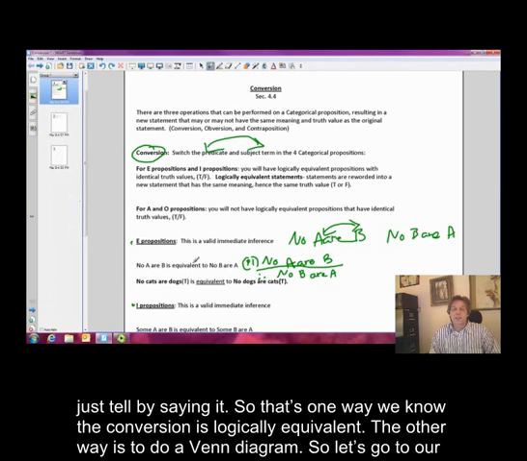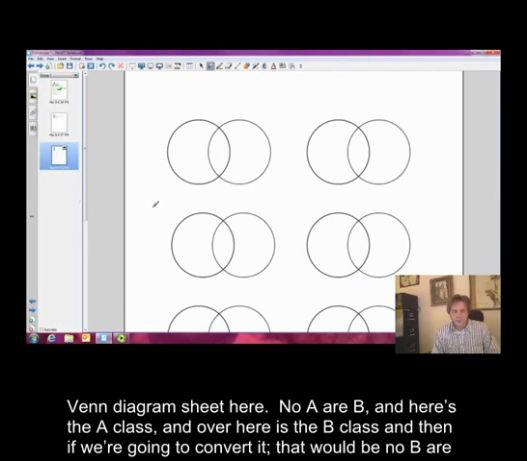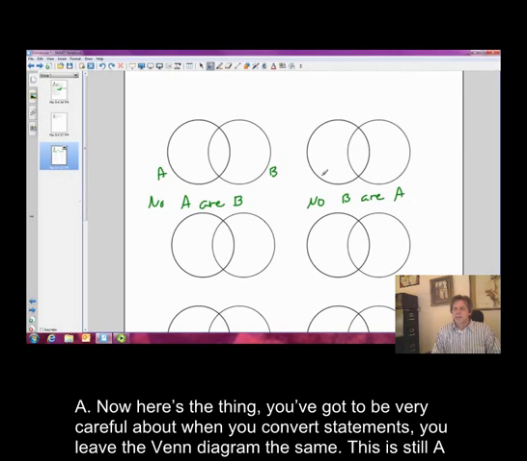The other way is to do a Venn diagram. So let's go to our Venn diagram sheet here. You remember we had no A are B, and here's the A class, and over here is the B class. Then if we convert it, that would be no B are A. Now, here's the thing you've got to be very careful about.